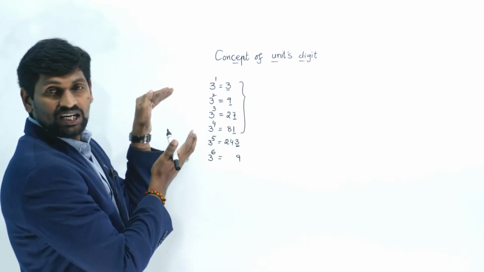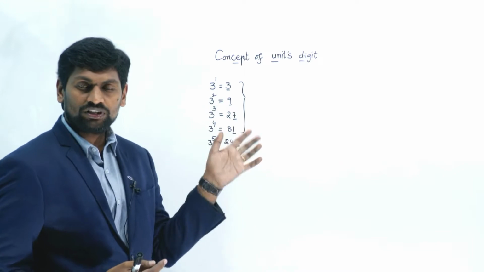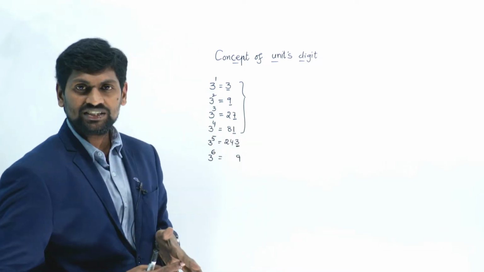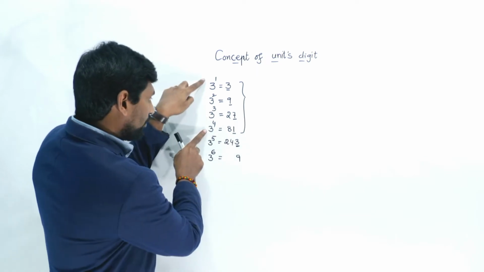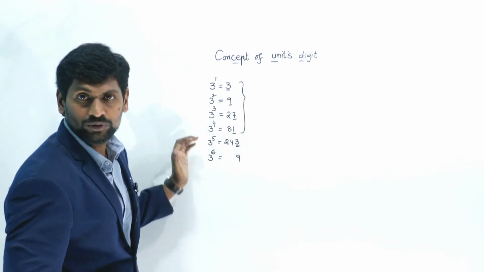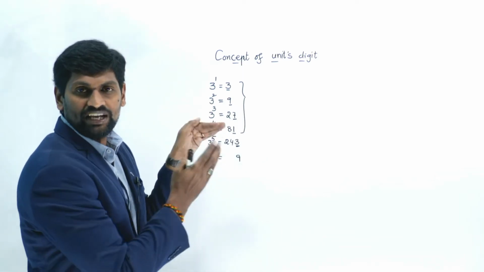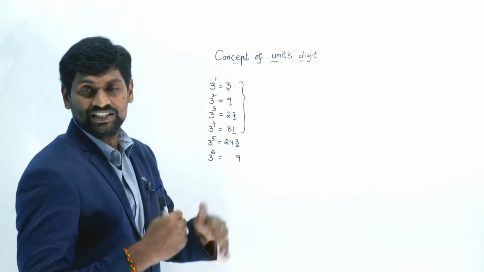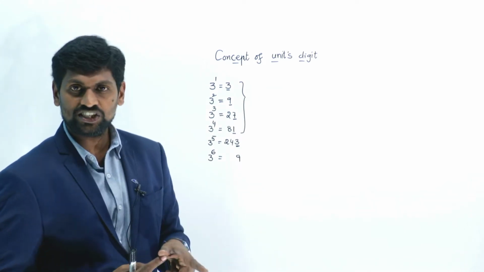That means after 4 terms the sequence is repeating. 3 power 1 to 3 power 4, then from 3 power 5 to 3 power 8, next 3 power 9 to 3 power 12, like that. So for every 4 terms the sequence repeats.